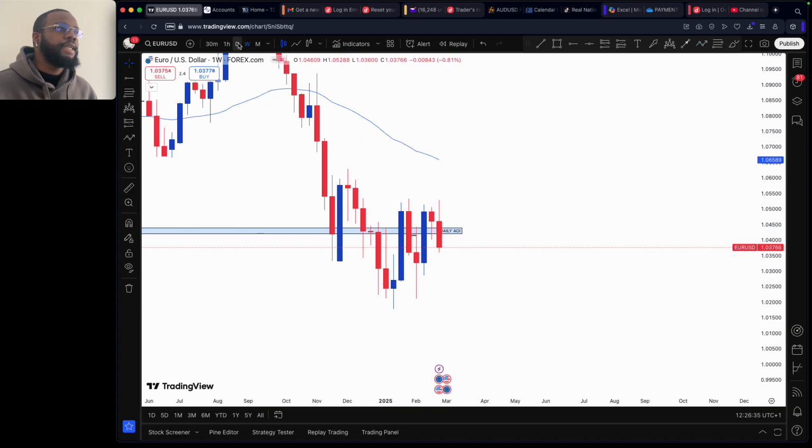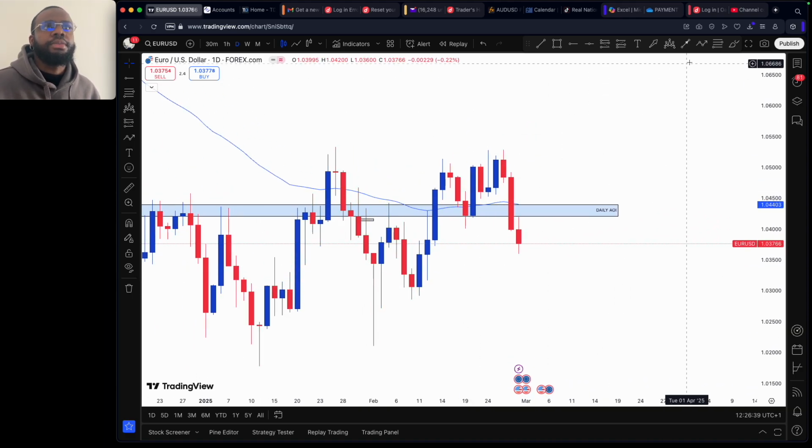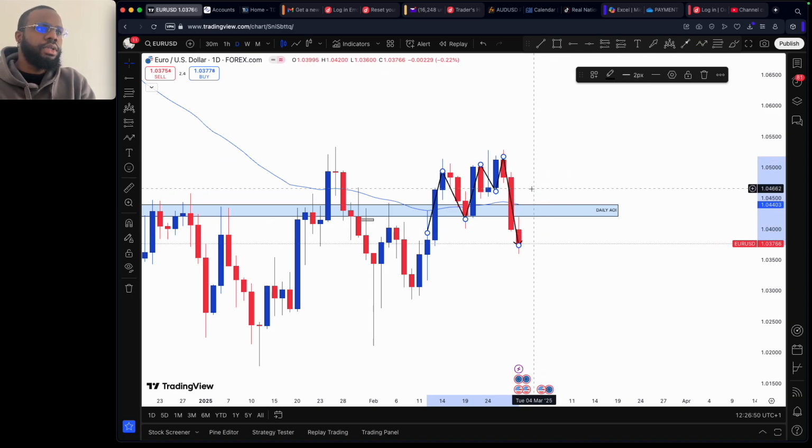Then on the daily we have something that looks like a reversal pattern, but it's not so clear, but it's still fine. We have the structure that looks like this.